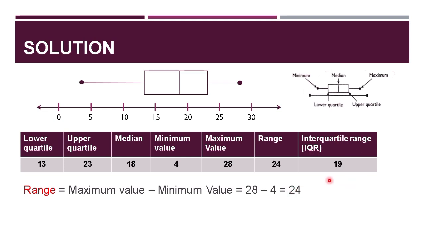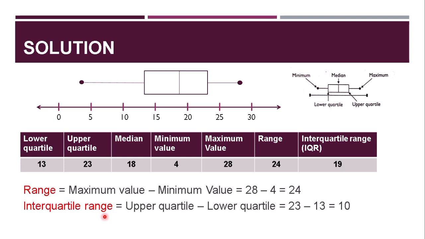The interquartile range is given by the upper quartile minus the lower quartile. The upper quartile here is 23 minus the lower quartile, which is 13. If you do the subtraction, you will get 10.